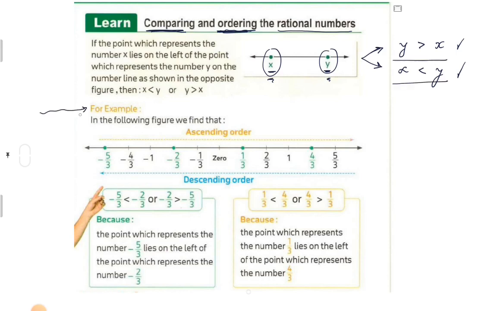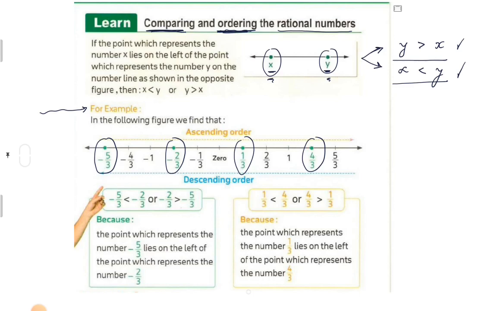For example, in the following figure we have four rational numbers: -5/3, -2/3, 1/3, 4/3.